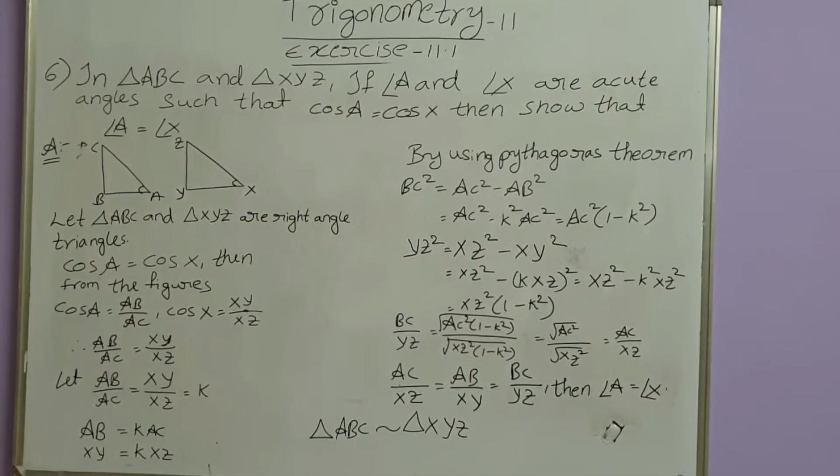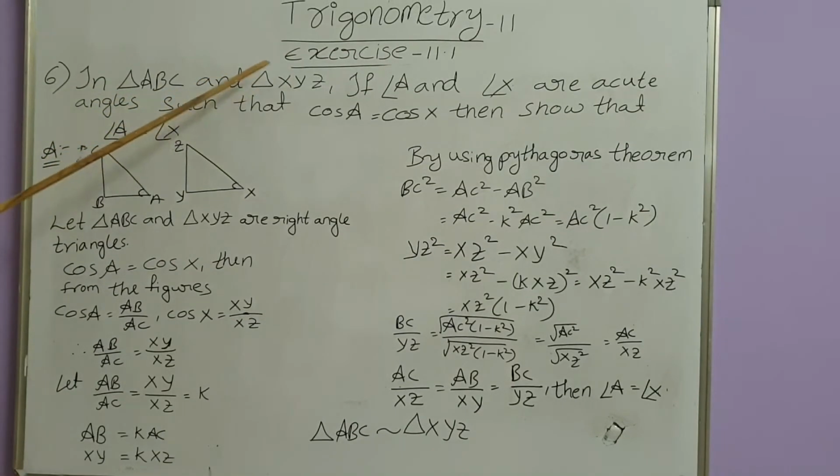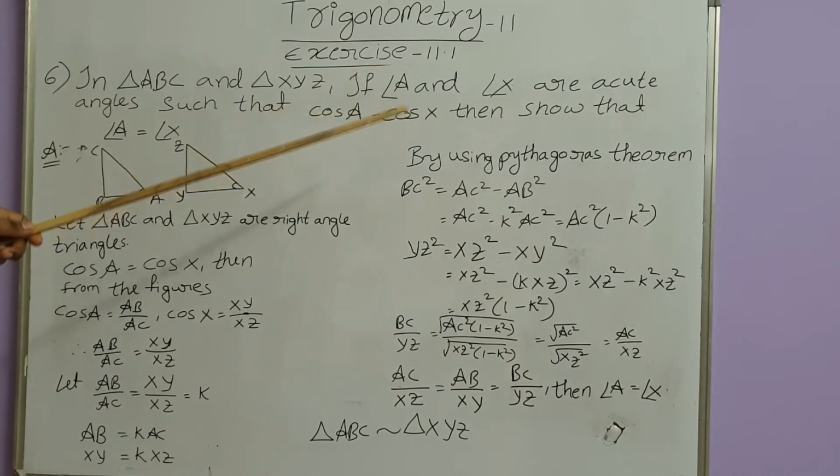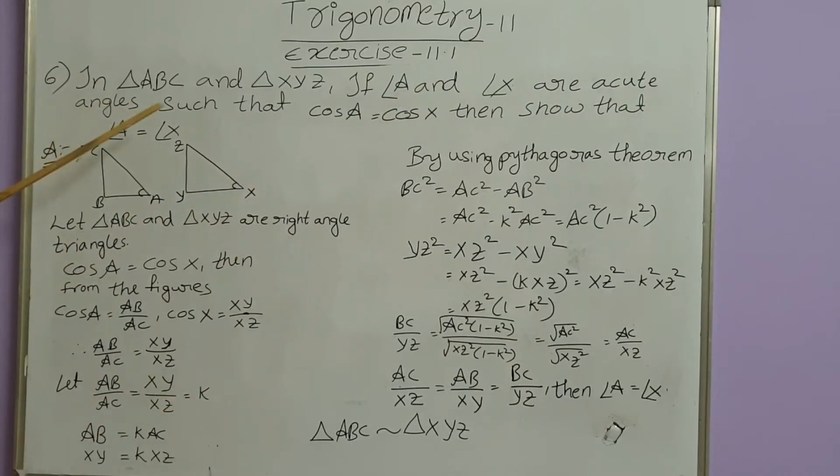In this sixth question, in triangle ABC and triangle XYZ, if angle A and angle X are acute angles such that cos A is equal to cos X, then show that angle A is equal to angle X. The given two triangles ABC and XYZ.